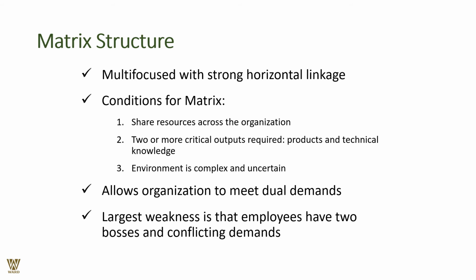The largest weakness is that employees have two bosses and conflicting demands. Why two bosses? Because in the matrix organization, the employees will always be confused about which orders to comply with, and there might be an ego clash between the two bosses altogether, for which the employee ends up suffering. So that might be the biggest weakness.